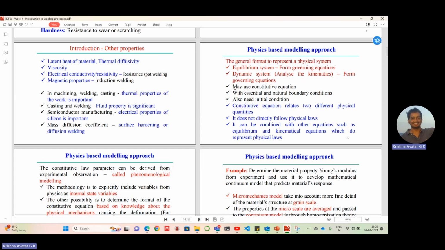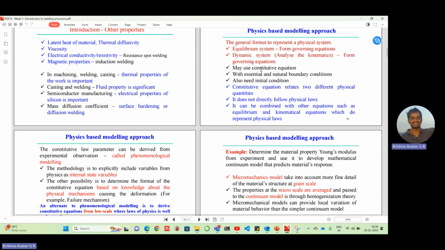And we may see that we have certain quantities in the equation which are very specific to a system, and those are known as constitutive equations. So in a general solid body, we require a constitutive equation to relate the stresses with the strains.